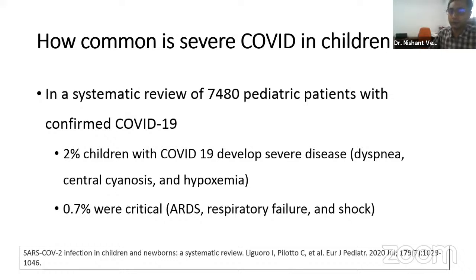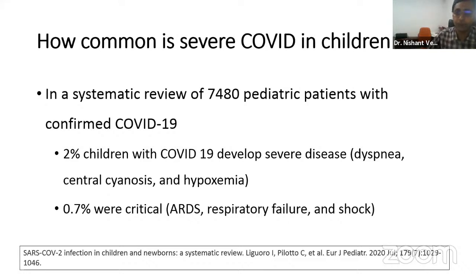Now, how common is severe COVID in children? In a systematic review of around 7,500 pediatric patients with confirmed COVID-19, only 2% of children developed severe disease, by which we mean dyspnea, central cyanosis, or hypoxemia. This is in contrast to adults, where around 5 to 10% go on to develop severe disease.